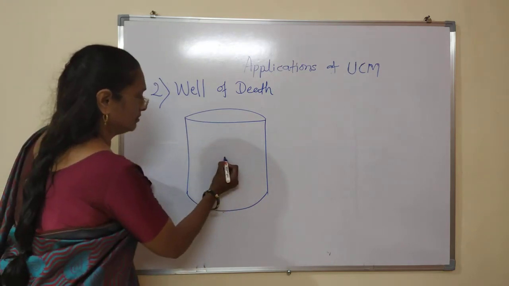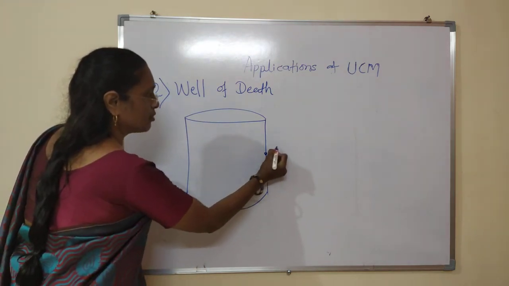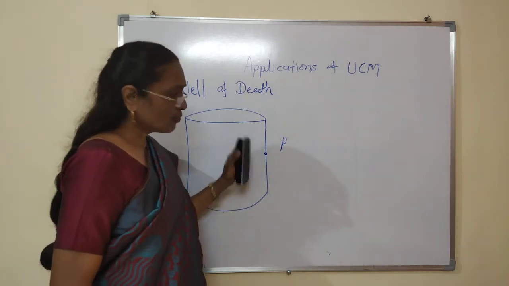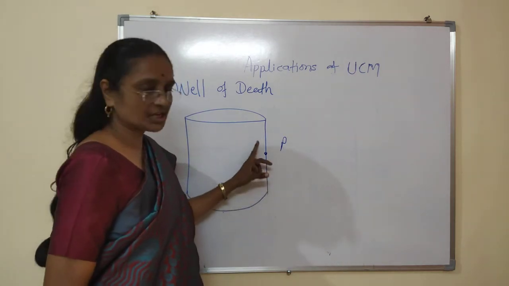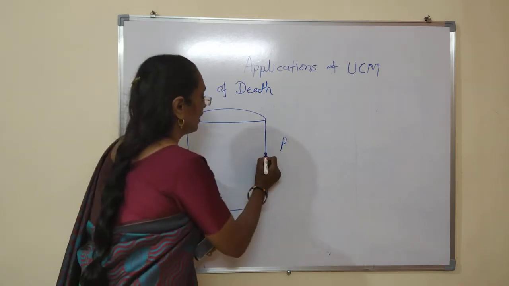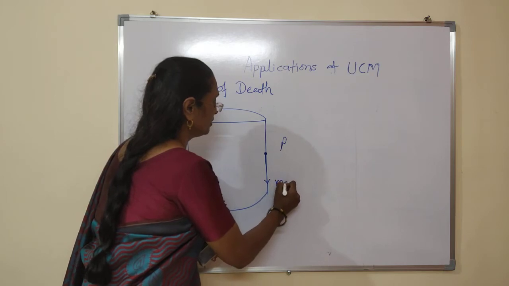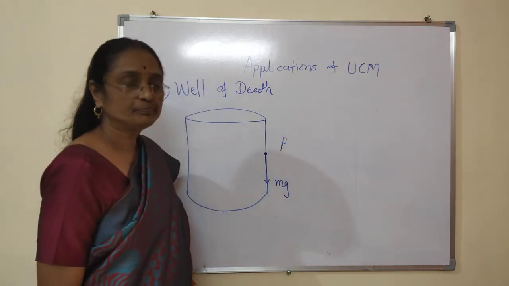Here there is a point P. Interior to the wall, the motorcyclist and motorcycle are there, and the weight of that system is vertically downward, shown by mg.